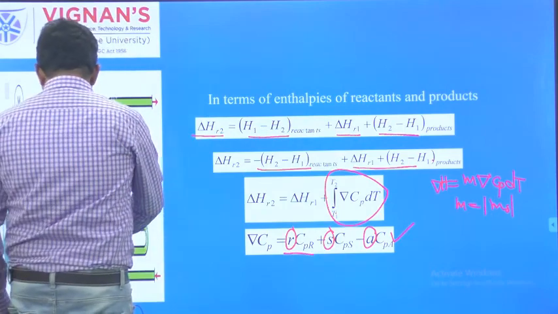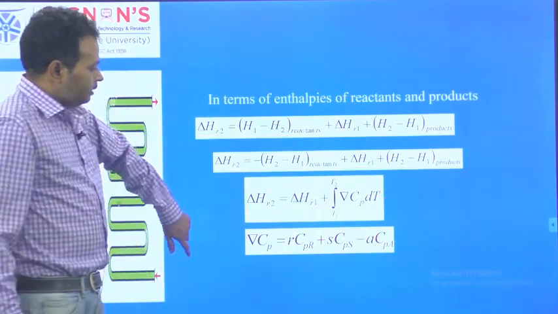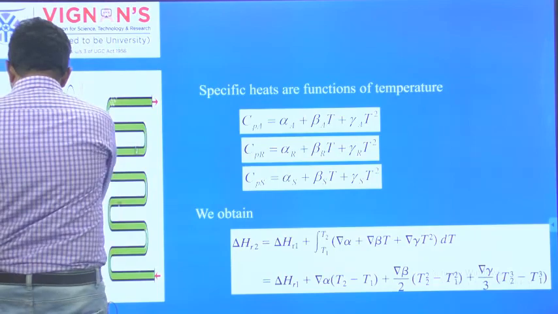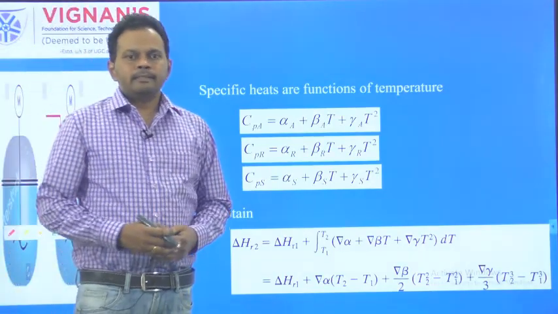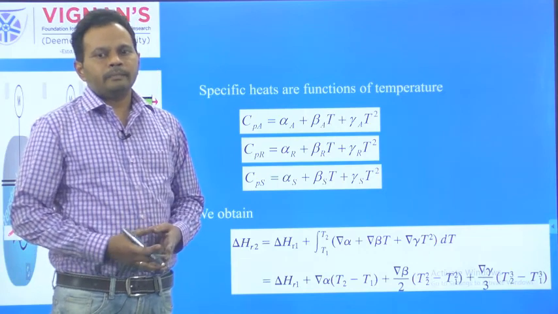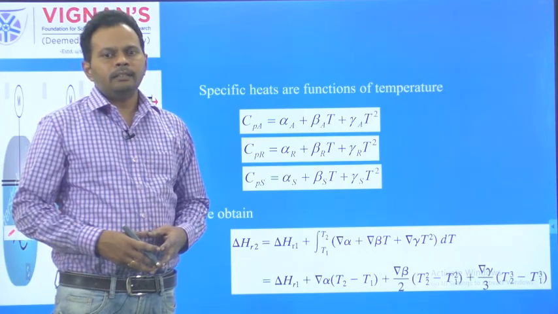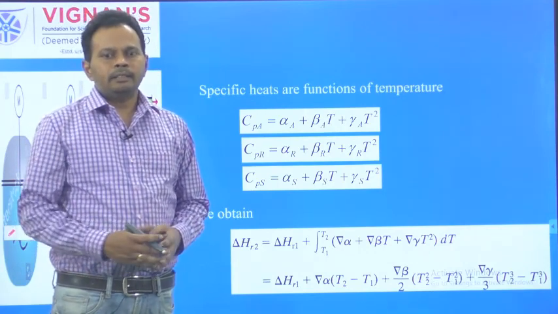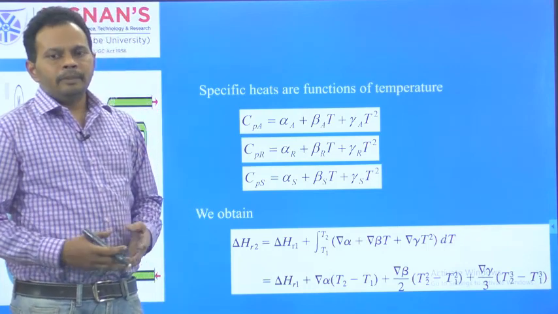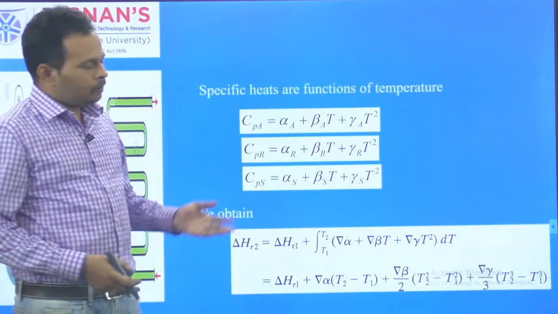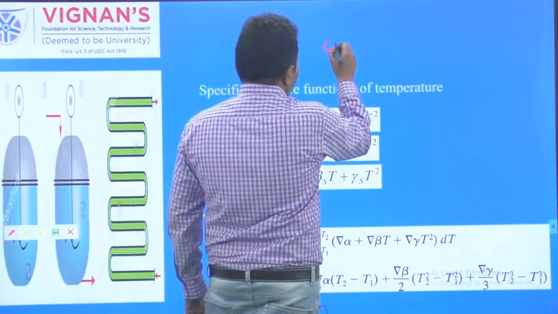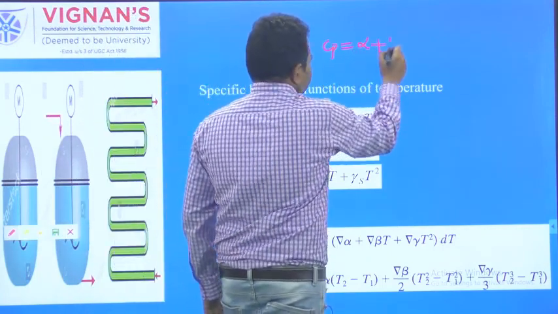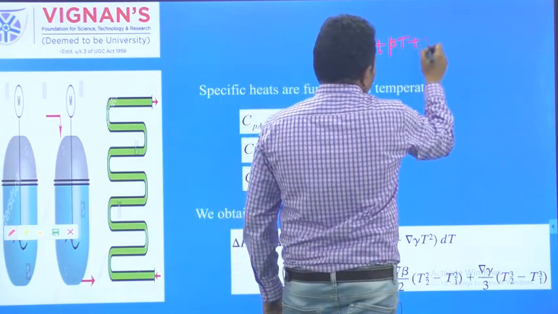Okay, before you substitute the del Cp into the previous equation, first note that these specific heats are also strong functions of temperature. When the Cp values are changing over wide changes in temperature, this is the universally followed relation: Cp is equal to alpha plus beta T plus gamma T square.